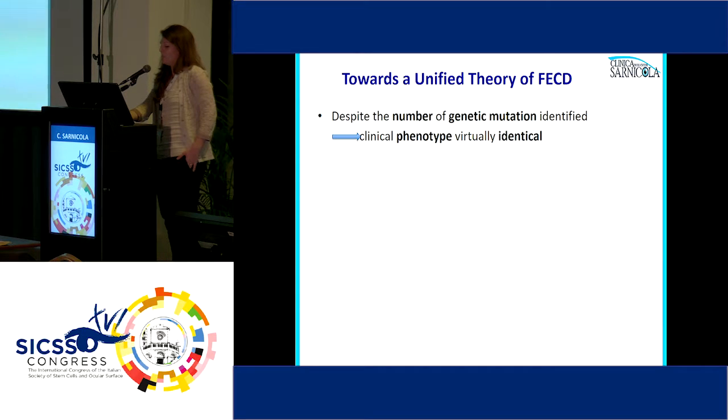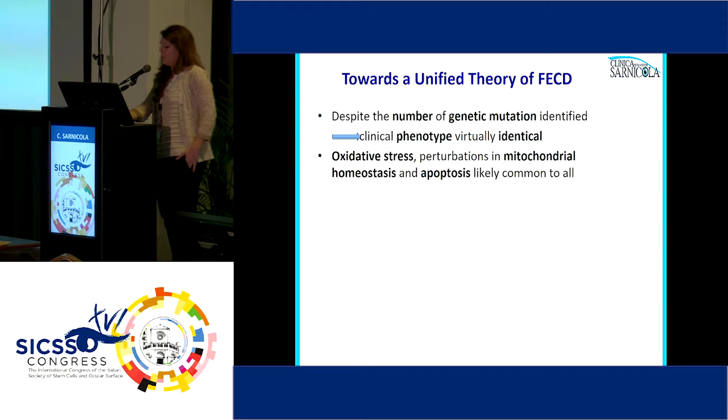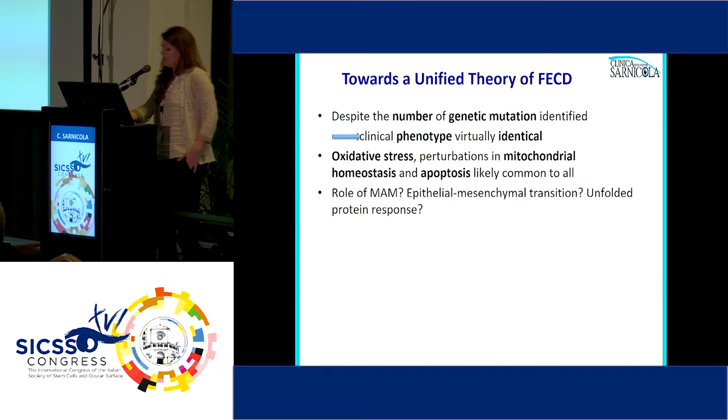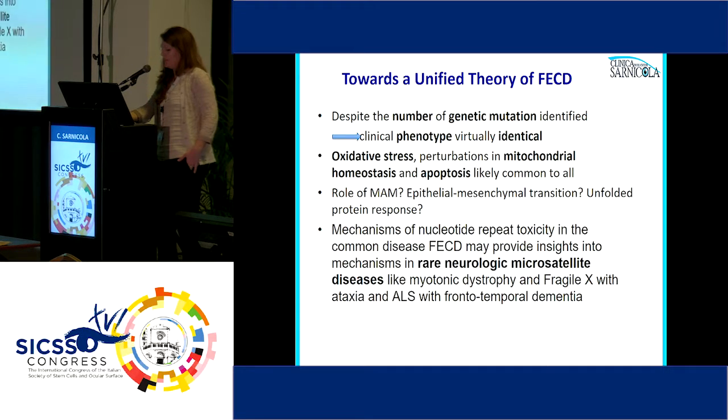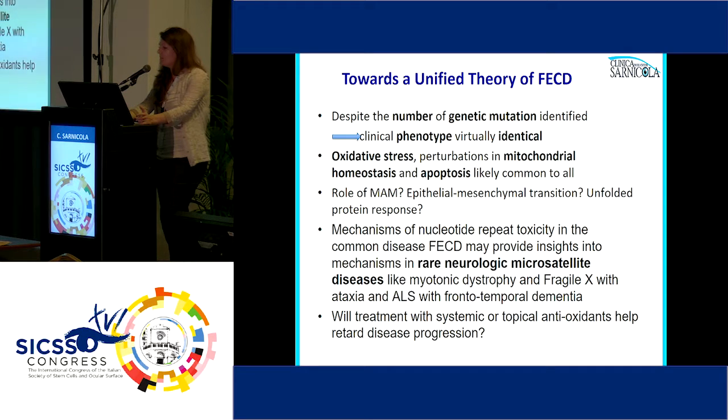So we have several gene mutations having exactly the same phenotype. We have oxidative stress and mitochondrial homeostasis and apoptosis that are common to all these mutations, but we know that there are other physiopathological mechanisms that still have to be studied, and the most frequent mutations in Fuchs are found also in these very rare neurologic microsatellite diseases that are very difficult to treat, and in future with antioxidant treatments might benefit from such advancements.